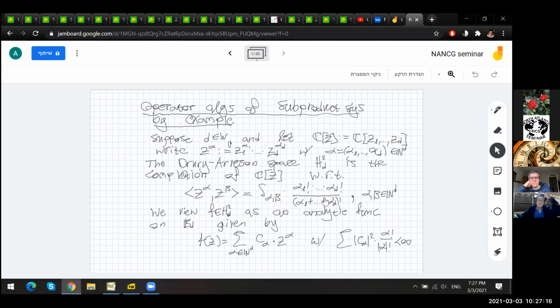For instance, if you replace this scalar product by the scalar product defined by the L2 norm on a ball with respect to some natural metric which is invariant with respect to biholomorphisms of this ball, is there a difference in this theory?